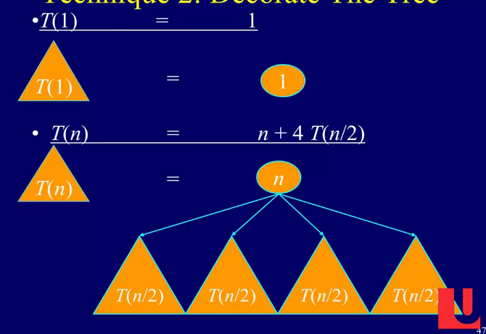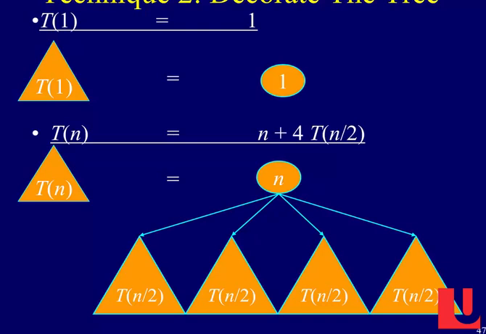By picture, I'm going to use a triangle to mean me and all of my friends, and a circle to mean just me. So T of 1 is 1. Now T of n, what's the work if I have an input size n, me and all of my friends? Well, it's my personal work, plus I have 4 friends, each given an input of half the size.